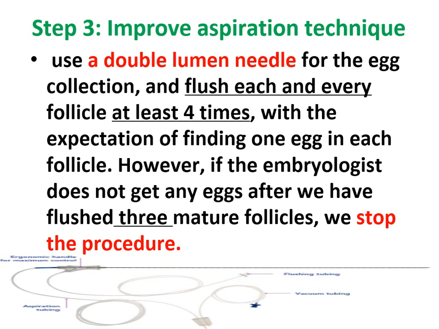However, if the embryologist does not get any eggs after you have flushed 3 mature follicles, you have to stop the procedure. This is a very important improvement in your technique: use a double lumen needle, with repeated flushing, one by one, waiting until he tells you that there is an oocyte, for at least 3 mature follicles.